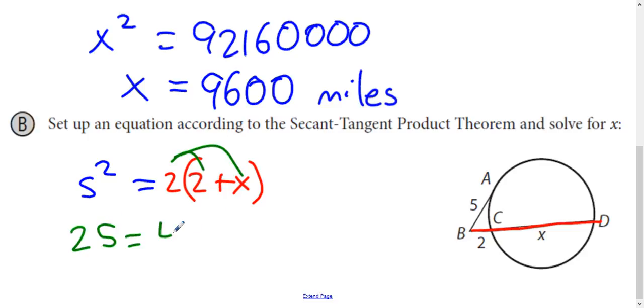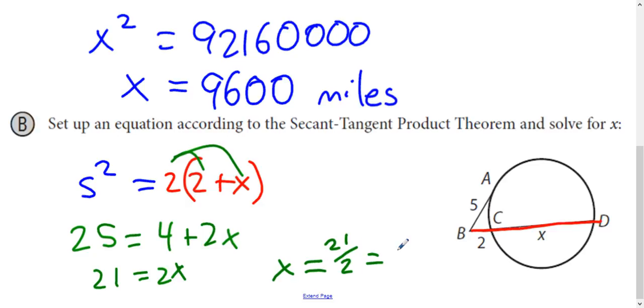Distribute, you get 4 plus 2x. Subtract the 4, you have 21 equals 2x. So x equals 21 over 2, or 10.5.